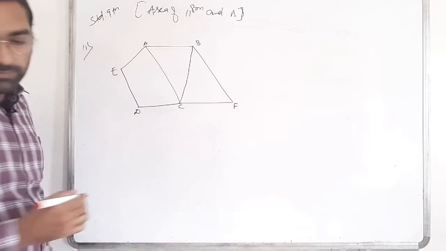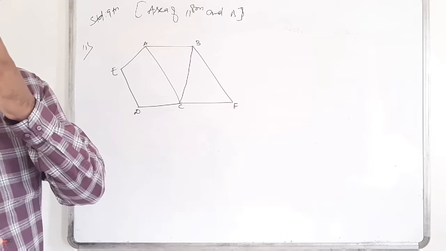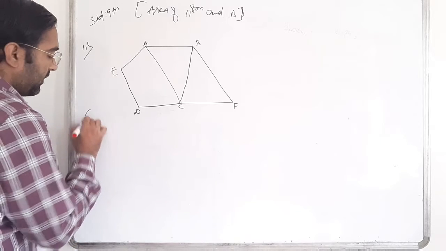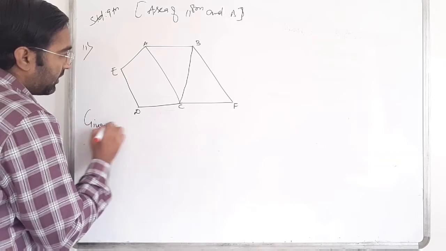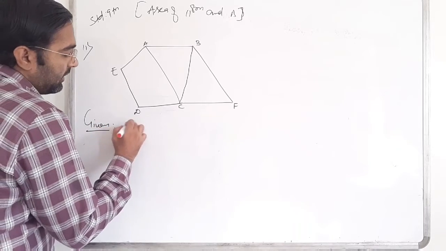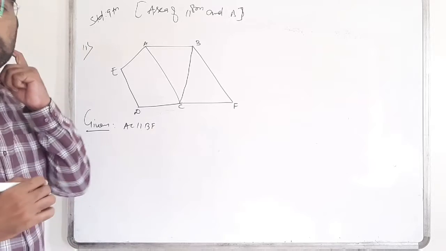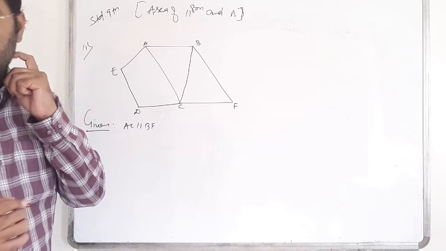Here is the F. It meets CD produced at F. Okay, so as per the condition, AC is parallel to BF. Okay, AC is parallel to BF is given.